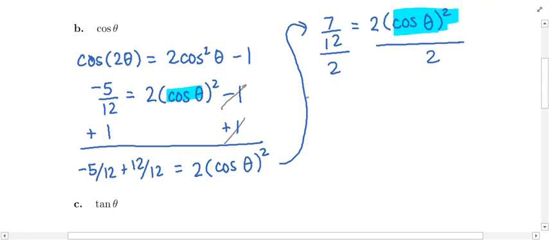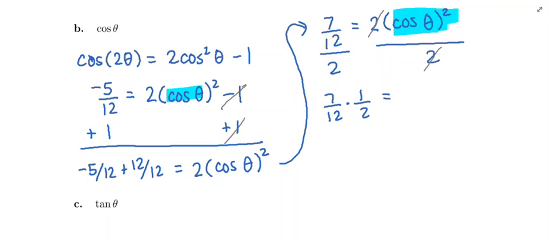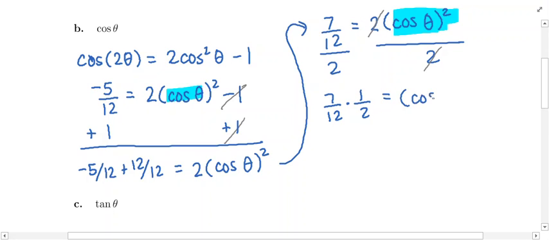The left side is going to be 7/12. Remember, dividing by 2 is the same as multiplying by a half. The 2's will cancel on the right. We will be left with the cosine of theta squared, the same thing as cosine squared of theta. If we simplify the fraction here, this is going to be 7 over 24. That's equal to the cosine of theta squared.